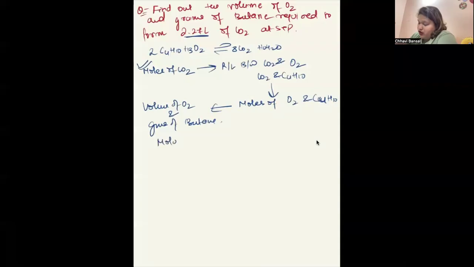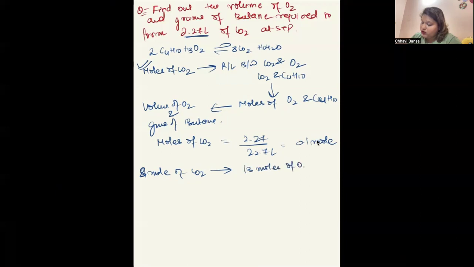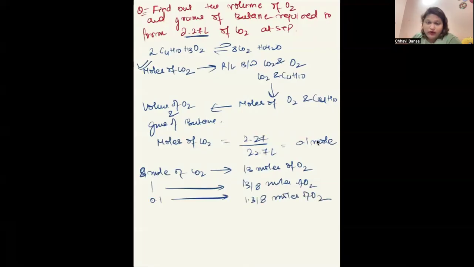So moles of CO2 is equal to 2.27 divided by 22.7 liters, which is 0.1 mole. Right? Now, 8 moles of CO2 requires 13 moles of O2. 1 mole will require 13 by 8 moles of O2. 0.1 will require 1.3 divided by 8 moles of O2, right?